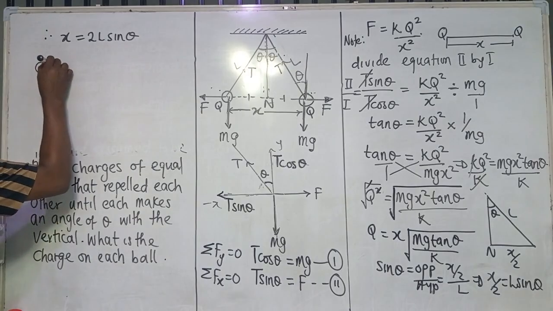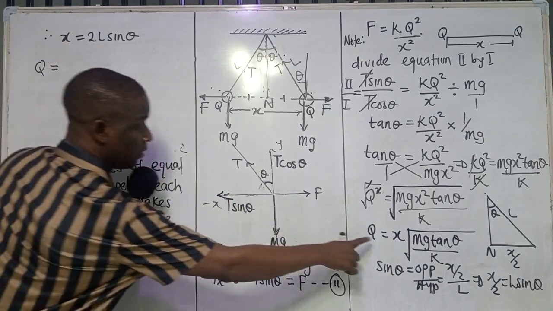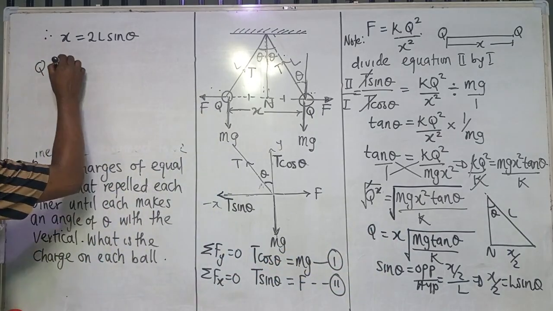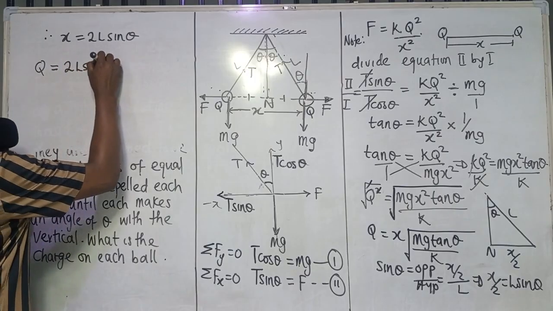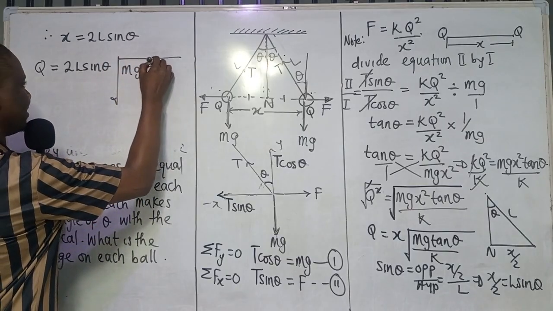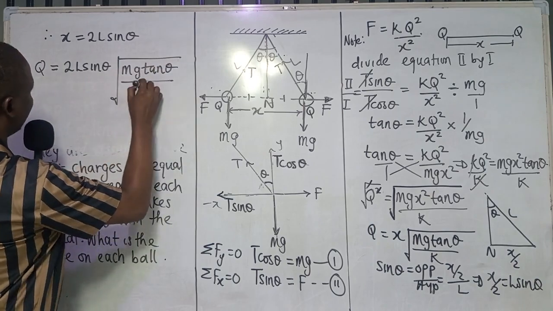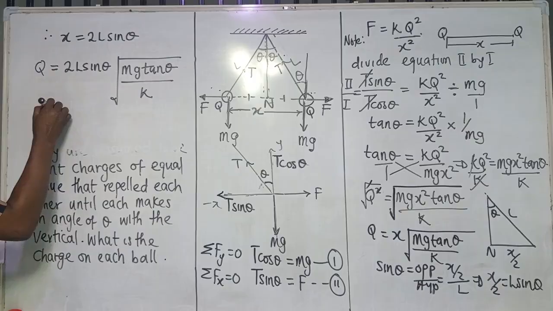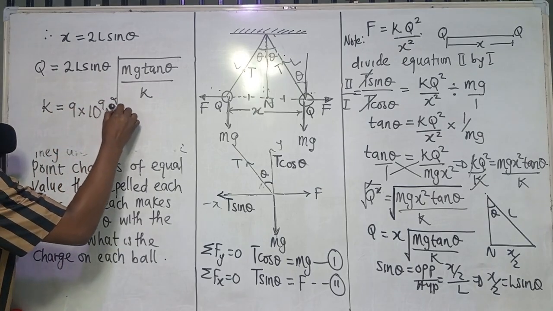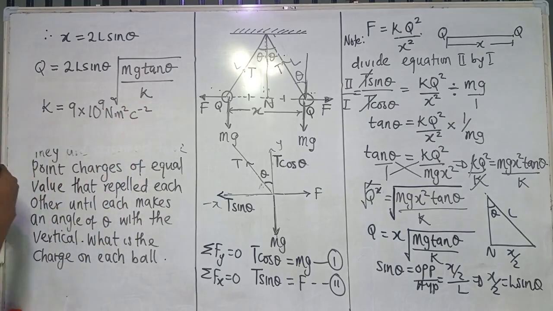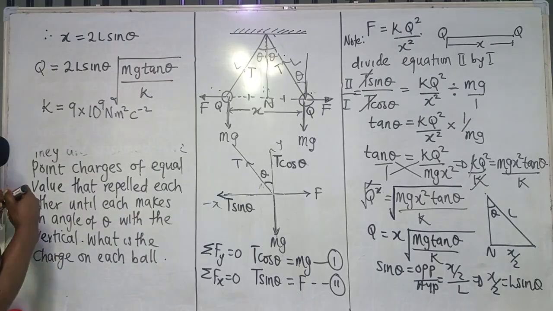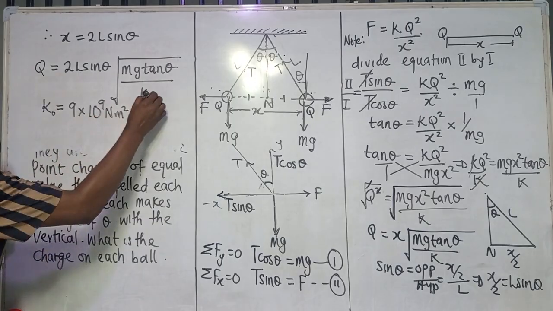So the charge now will be, in place of x, I can substitute 2L sine theta there. So I would have 2L sine theta times the square root of mg tan theta divided by k. Don't forget k is equal to 9 times 10 to the power 9 newton meter squared per coulomb squared, the Coulomb constant.